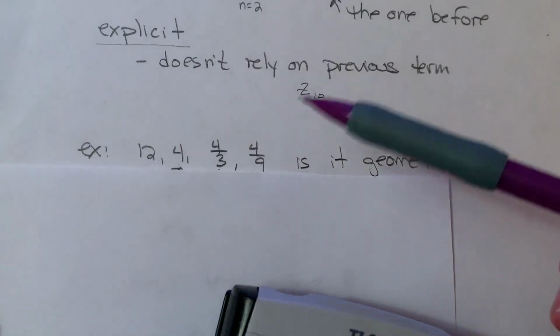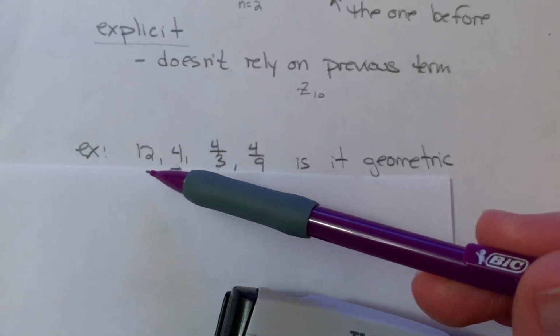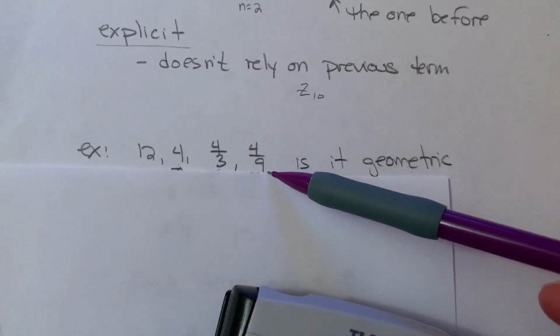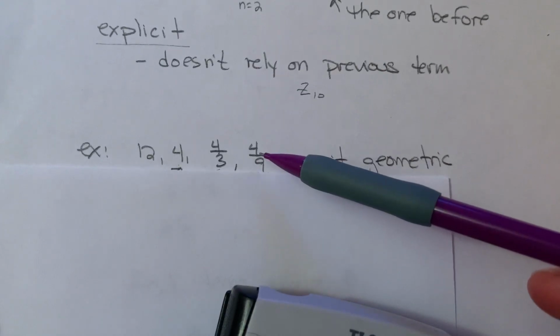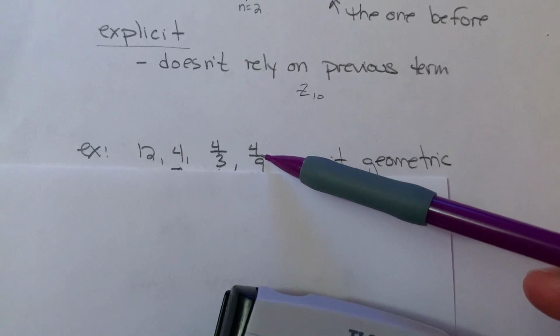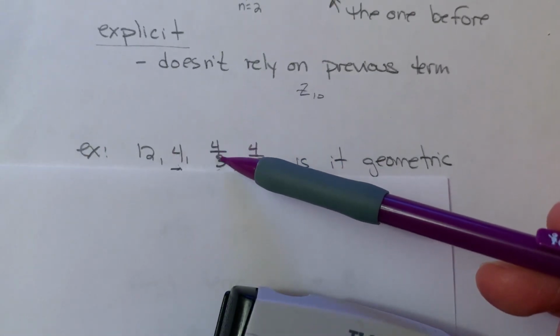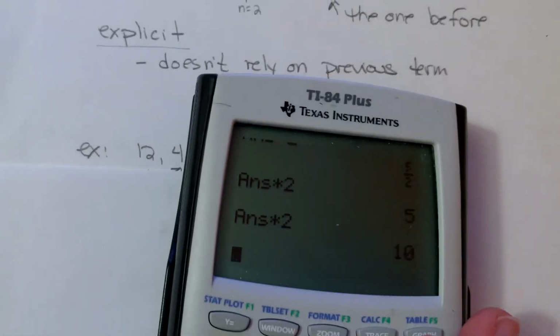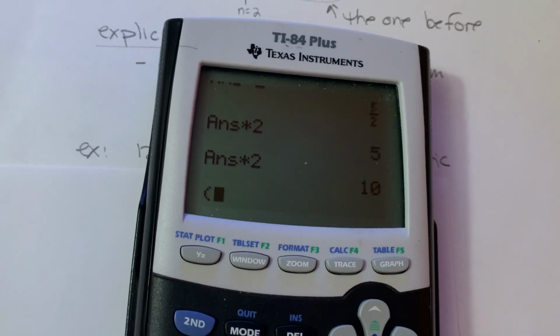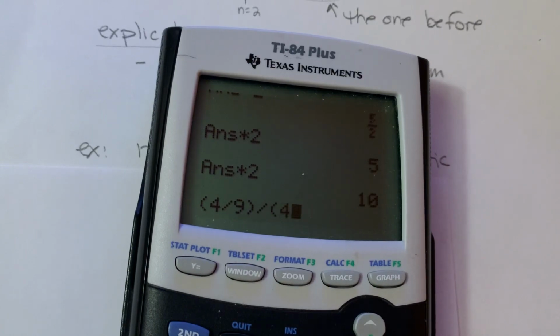1/3. Another way to think about this is for geometric, you're multiplying by the same term every time. So the way you would find it is to take this term and divide it by the term before it. If I want to find out what I'm multiplying by, I divide by the term before it.